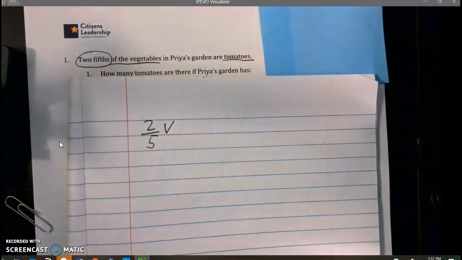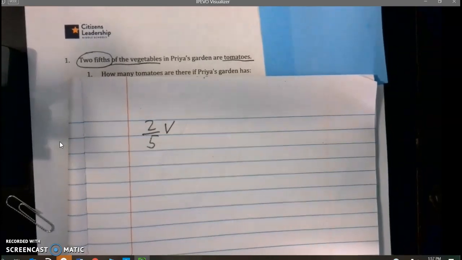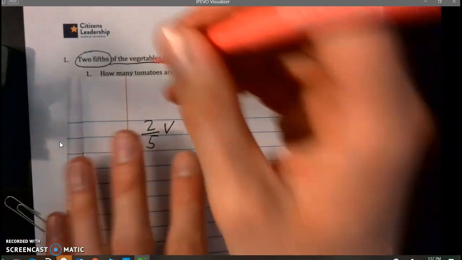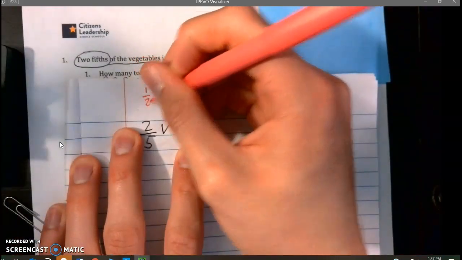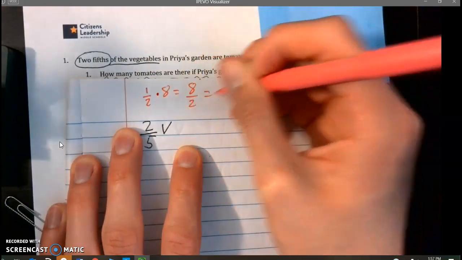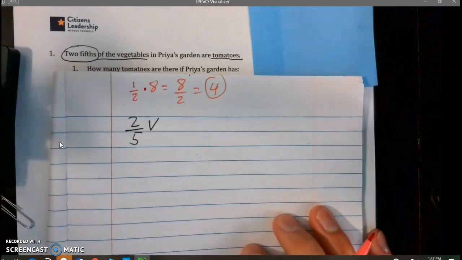Okay? And so one thing that we need to know: anytime you want to find a fraction of a number, or a percent of a number, or a decimal value of a number, that is always multiplication. So let's say I asked you what 1/2 of 8 is. You would do 1/2 times 8, and you would get 8 over 2, and then you would get 4. 4 is 1/2 of 8.